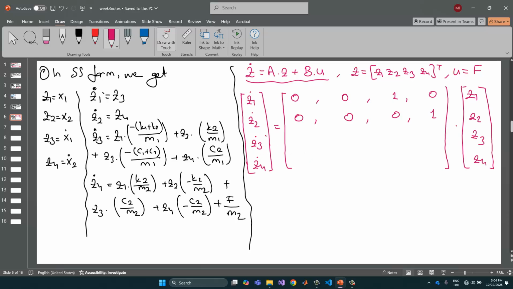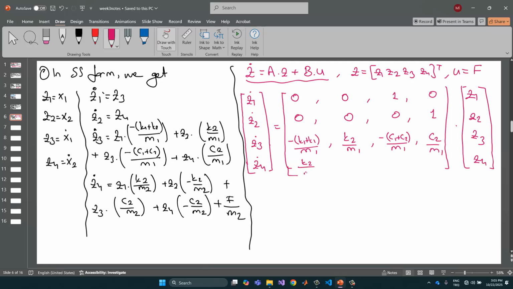And so what about the Z3 dot? Just tell me, what's the first element? Yeah, minus (k1 plus k2) over M1, and so second, K2 over M1, yes, third, minus (C1 plus C2) over M1, yeah, last, C2 over M1. And so what about the last row?